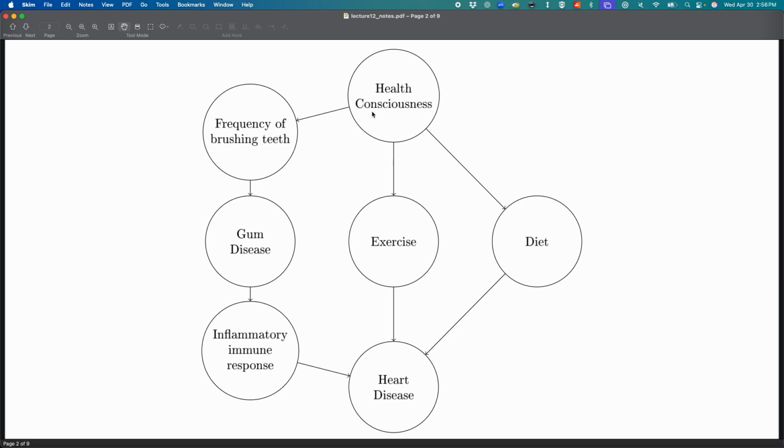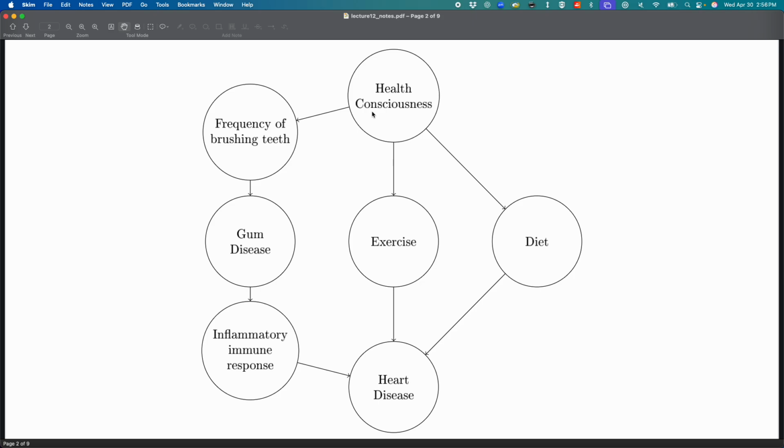So this is an example of a causal diagram. If we ignore all of this stuff up here for a second, usually when I draw this out the first time, I just do this linkage. You have frequency of brushing teeth. This can lead to gum disease.